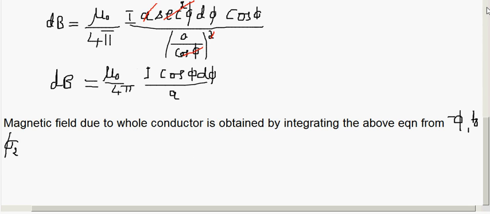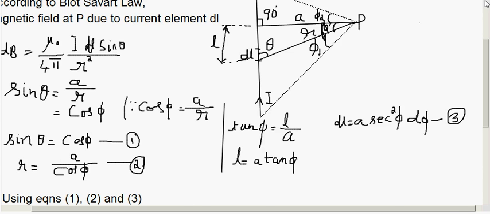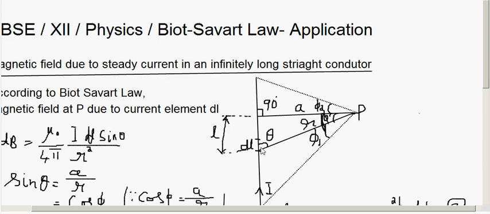Now remember, here you see the picture. So dl is here. If I consider this end as making an angle phi 2 and the other end makes phi 1, from this end to this end, the whole conductor, that can be obtained by taking this whole angle. So integrating the equation from minus phi 1 to phi 2. Why minus phi 1? Because here I am taking it in the anti-clockwise direction.